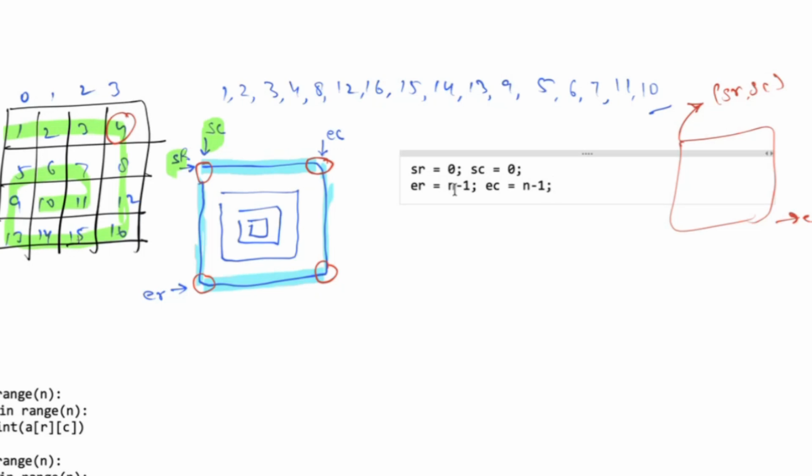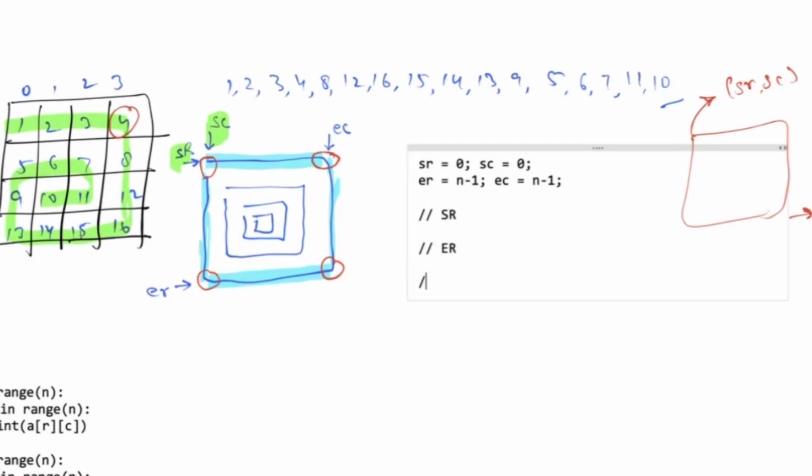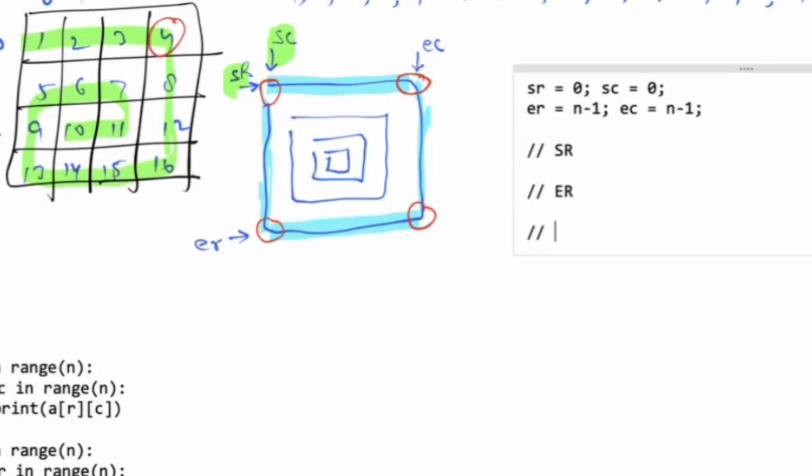Now we just want to print it in the clockwise order. So if I want to print it in clockwise order, I want to print the starting row, then after starting row, I need to print the end column. Then I need to print the end row in reverse order. And then I want to print the starting column in reverse order, right? This is fine, right?